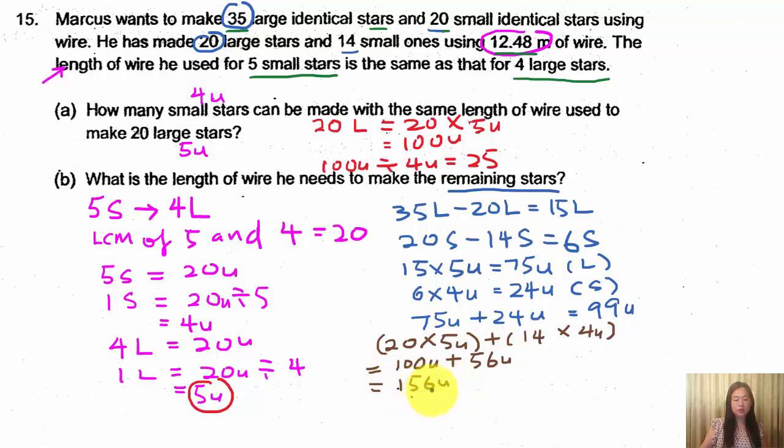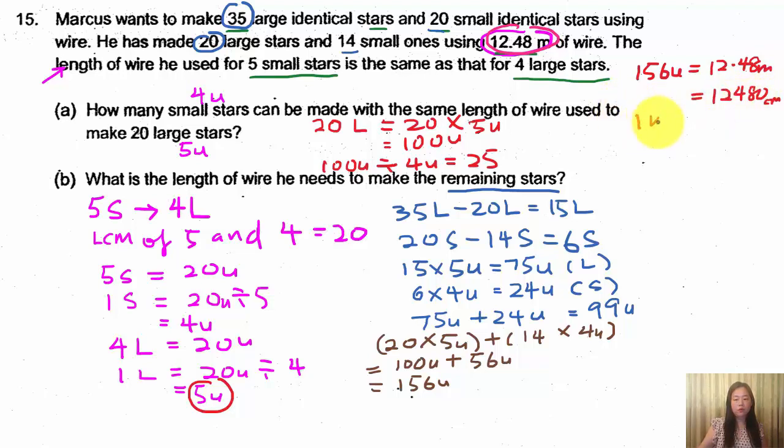So 156 units is exactly the length of 12.48. So 156 units is actually equal to 12.48 meters, which is also equal to 12,480 cm.